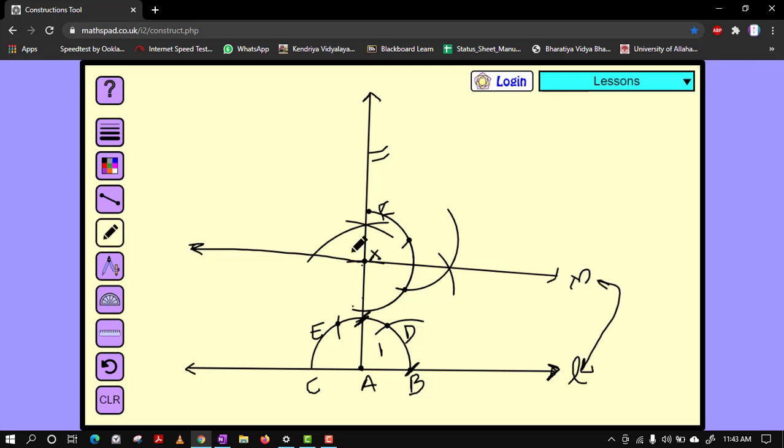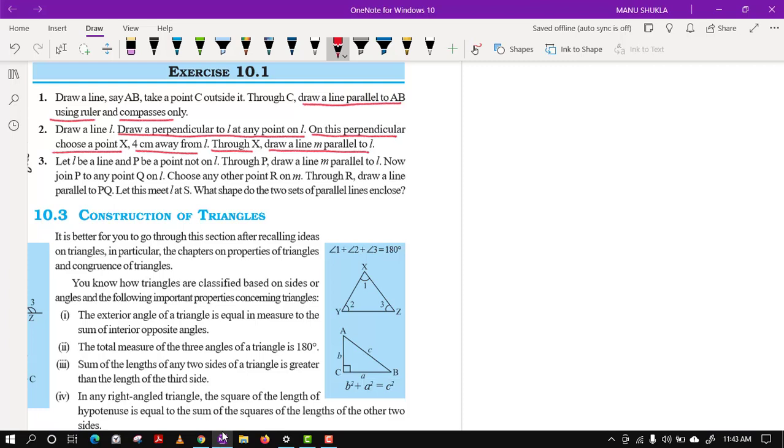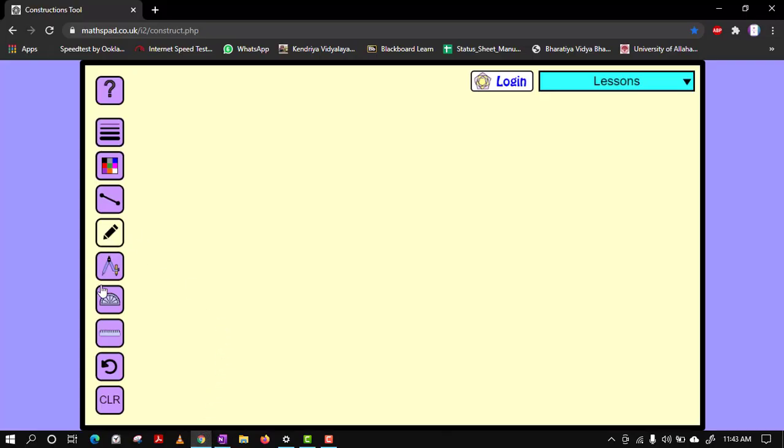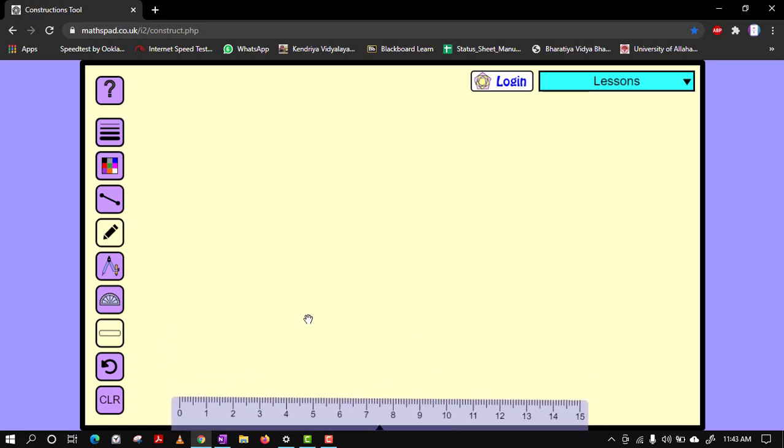Okay. Now let's see the third question. Let L be a line and P be a point not on L. So let's start. Question number 3 we are doing. We have to draw a line first, line L, like this.